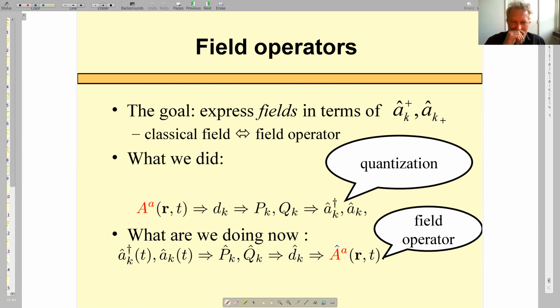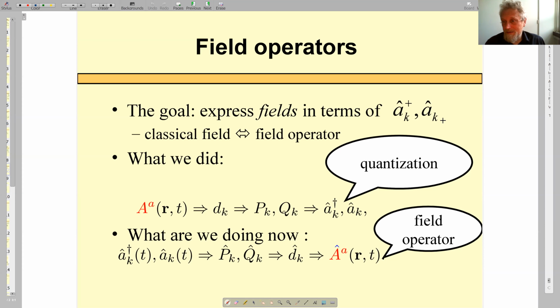First of all, I want to notice something very obvious: if I keep the description of the field in terms of A_k only, I completely miss any physical content, right?